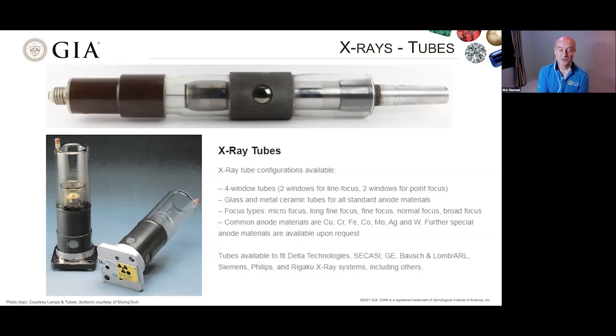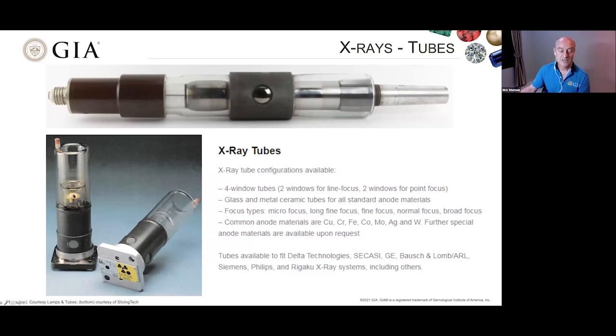When they were first introduced, tubes looked like these examples, the one on the top here, and these two more modern ones. But in brief, the tubes work by producing free electrons from a heated tungsten filament at the negative cathode. So you can see here, this is the filament area, the cathode.